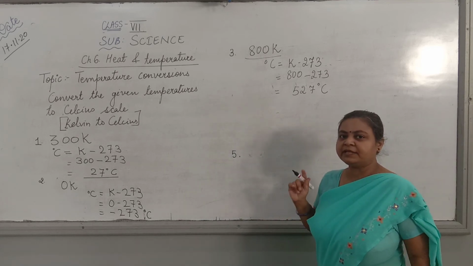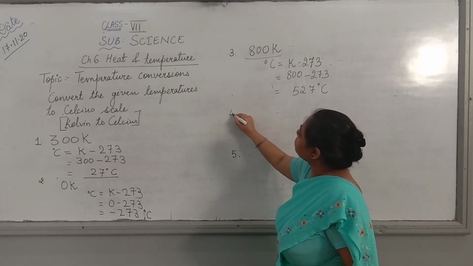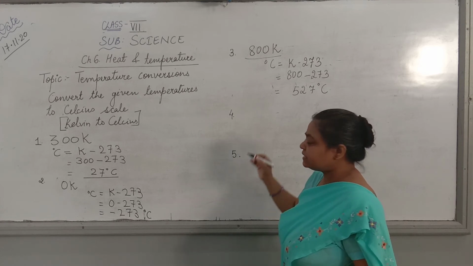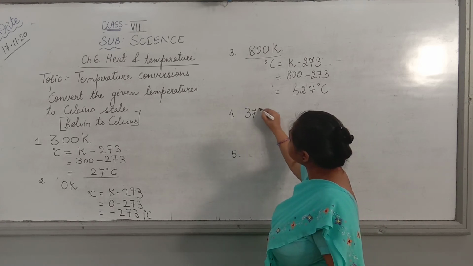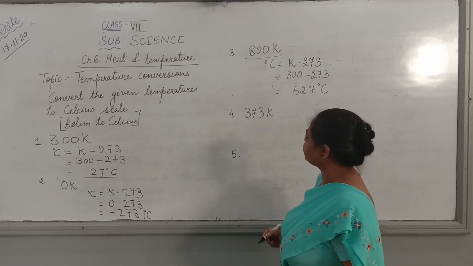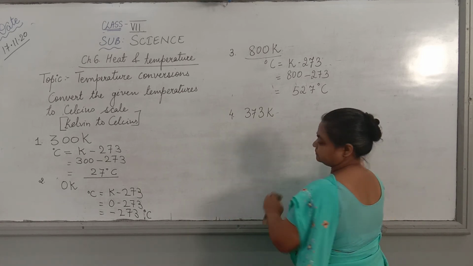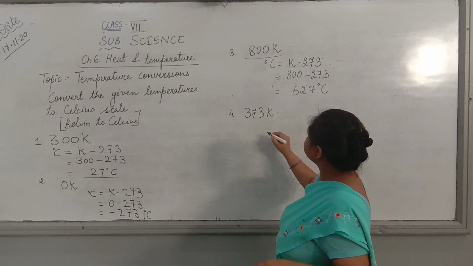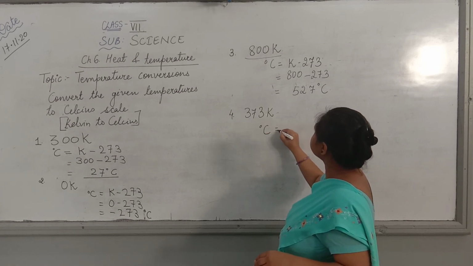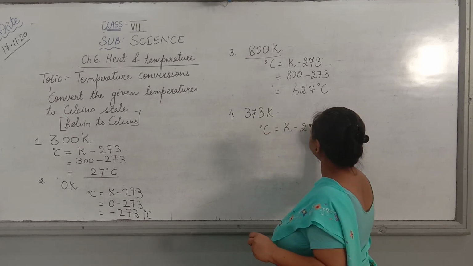I hope you are getting the topic. Next is 373 Kelvin. Degree Celsius is equal to K minus 273.